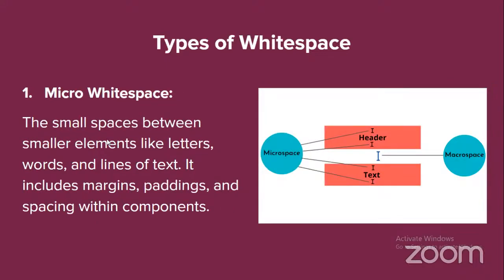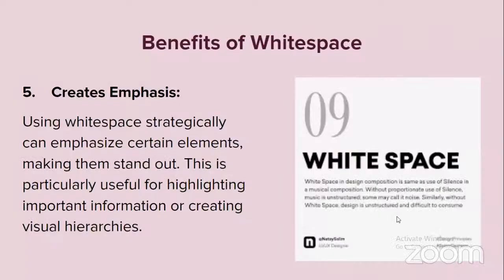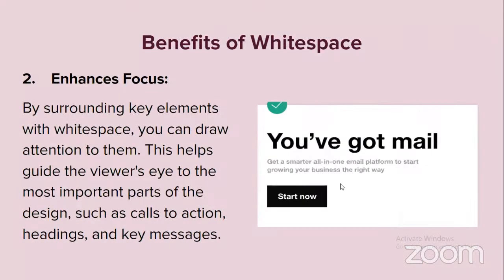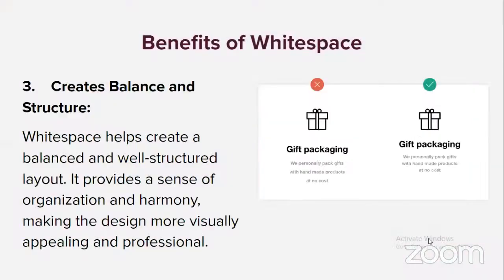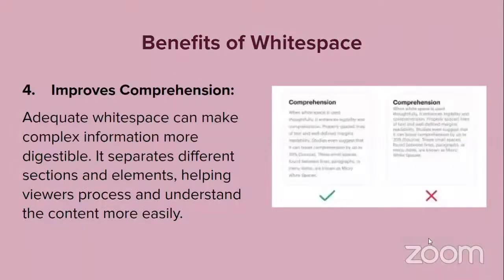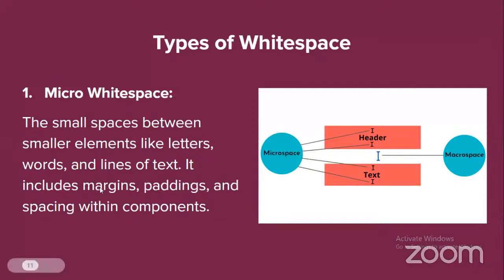they are micro. Also, from this place to that, I have a call to action here. For this call to action, all these places are used for micro space. What it means is little, small spacing, not too much. So small spacing between smaller elements like letters, words, and lines of text. So just the way I explained, this page now is a line of text. It includes margin, like this margin here, and padding.